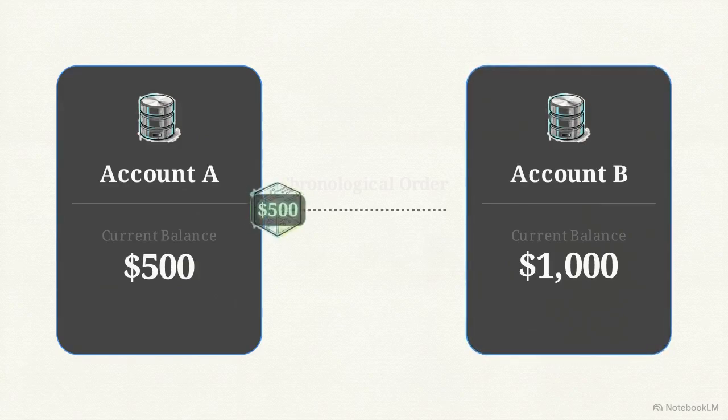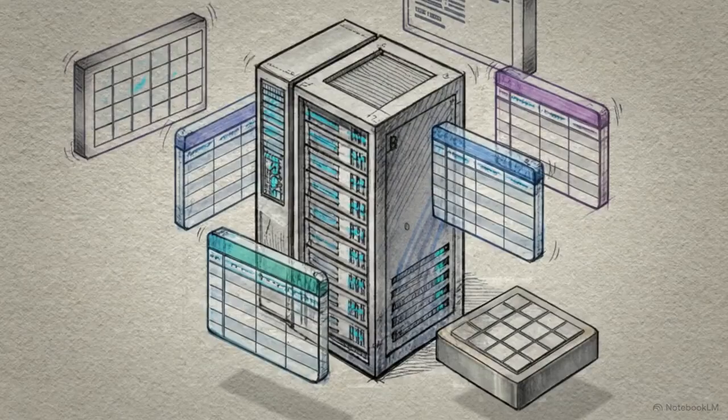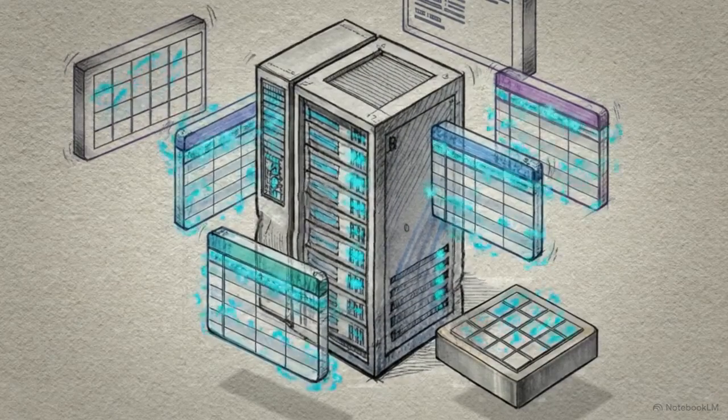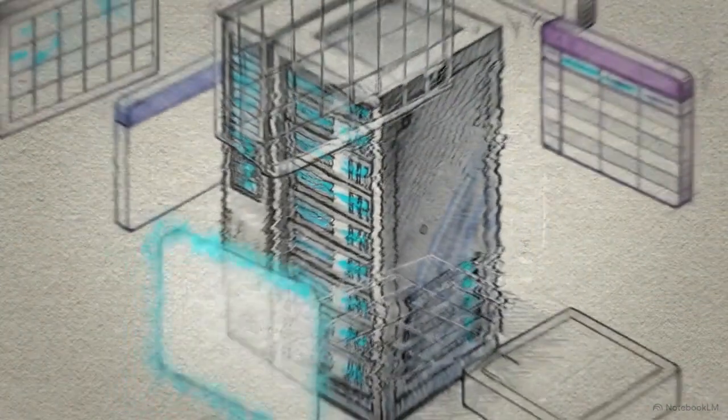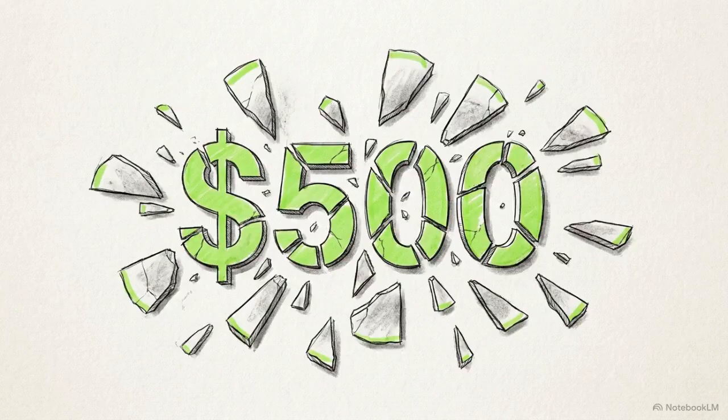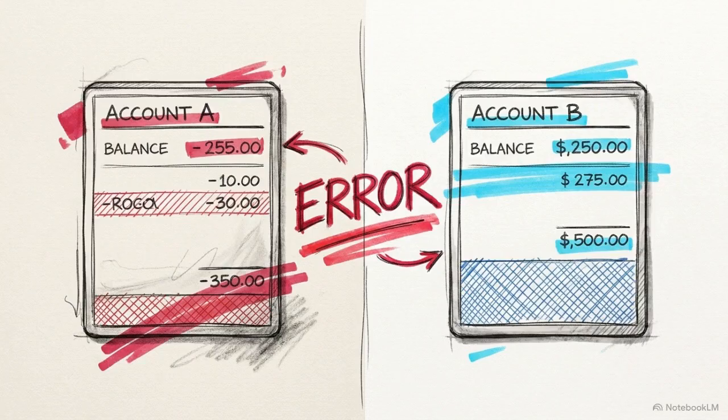Next, it must read account B to credit that same $500. Suppose a sudden power failure or system crash occurs exactly in the milliseconds after account A is debited, but before account B is credited. The $500 is permanently deleted from the system state. The file processing system has no built-in mechanism to remember partial transactions, leaving the database entirely inconsistent.